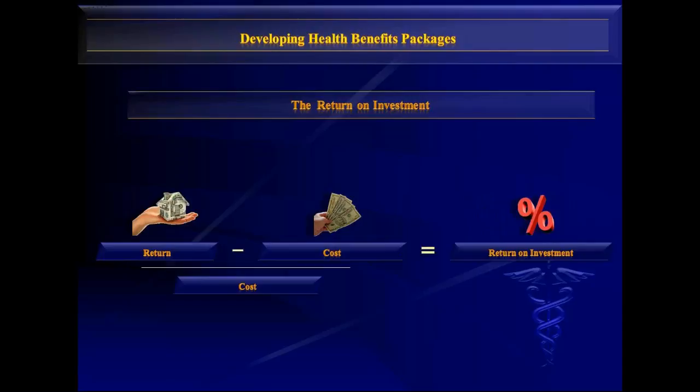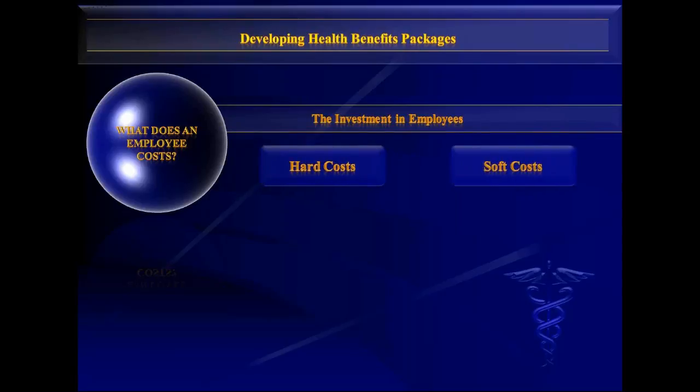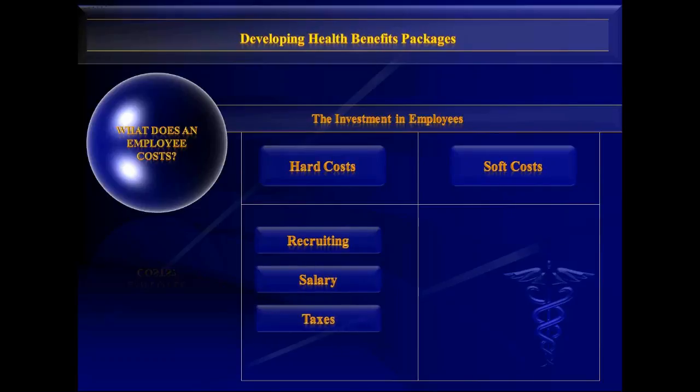Now, let's take a look at the return on investment for employees. Okay? The costs related to investing in employees are split in two categories. There are the hard costs and the soft costs. The hard costs typically include recruiting expenses, the salary, payroll taxes, and the expense of benefits.